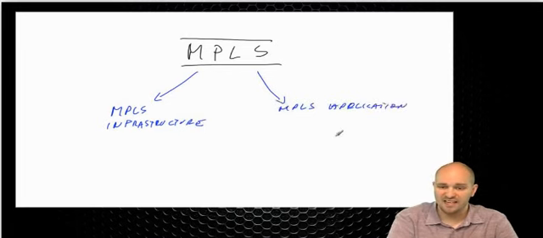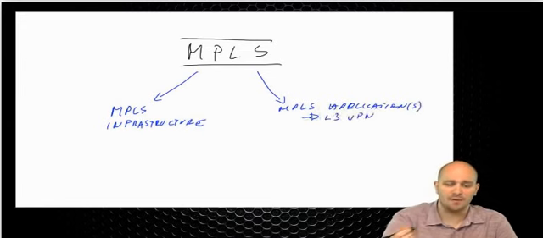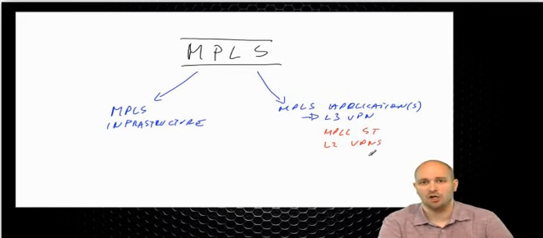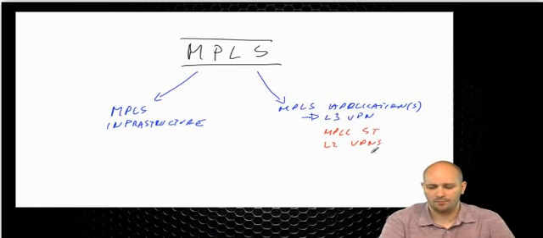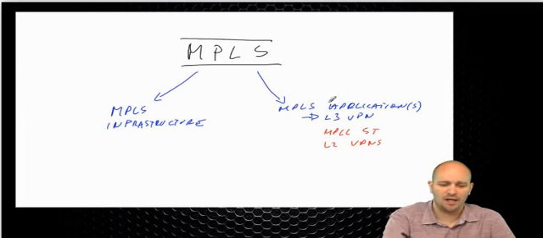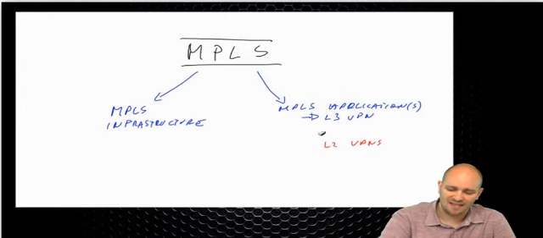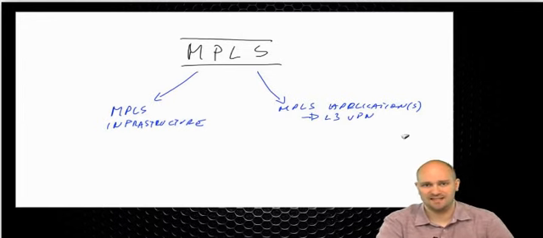And here I should just say MPLS application, because the only MPLS application that you actually care about is layer 3 VPNs. Now there are other MPLS applications, like for example MPLS traffic engineering or layer 2 VPNs, that you don't really care about for the CCIE routing and switching test because these technologies are not tested in the exam.